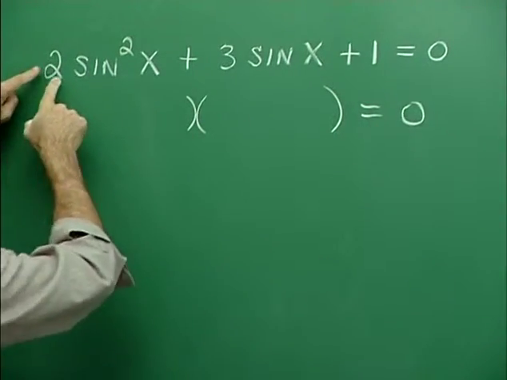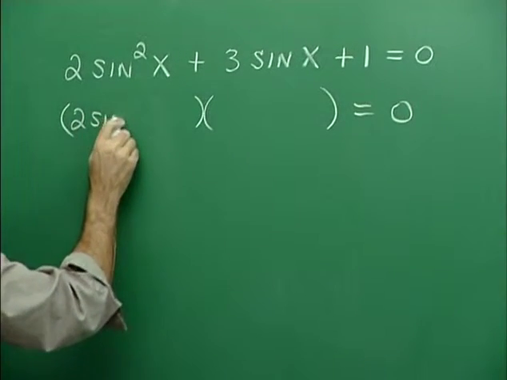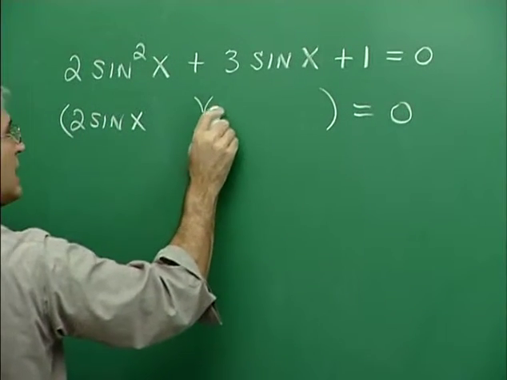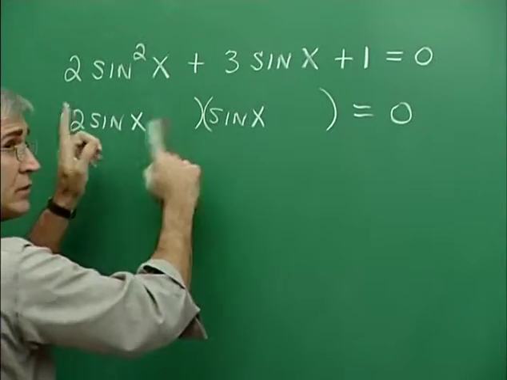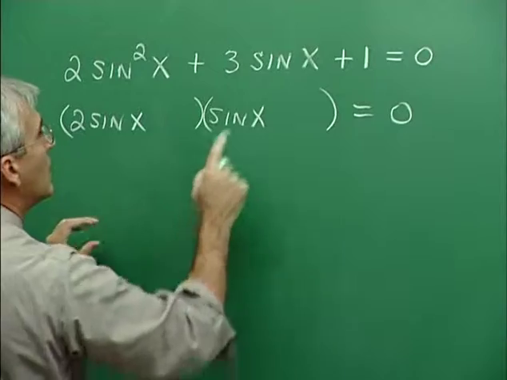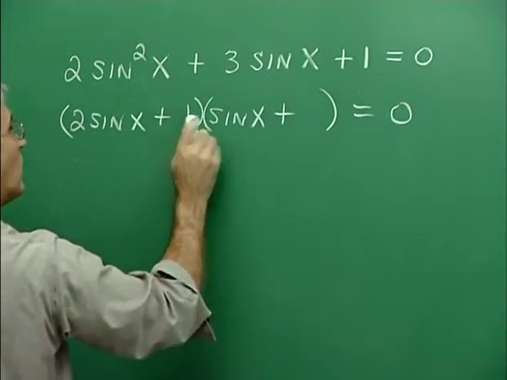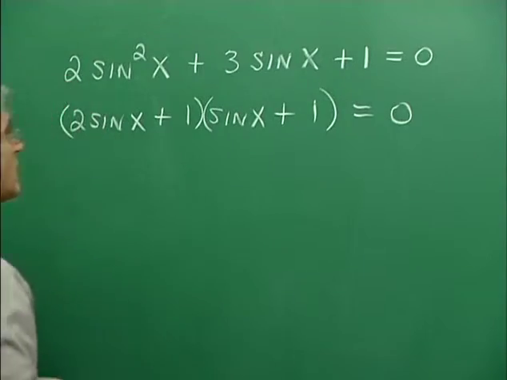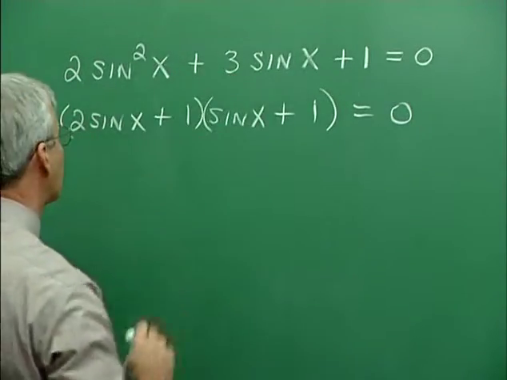For 2 sine squared x, it's 2 sine x times sine x, like 2n times n for 2n squared. Same idea. All signs are plus, and we have 1 and 1 for the factors of the last term. And we can verify the factorization by multiplying and getting the middle term.